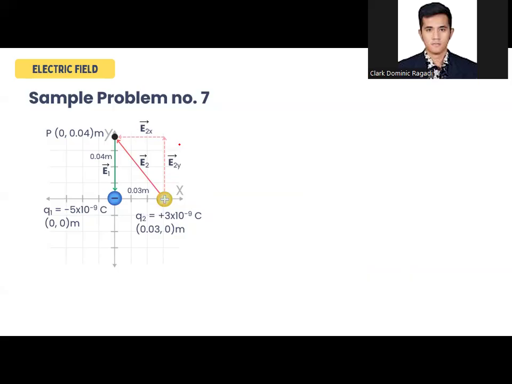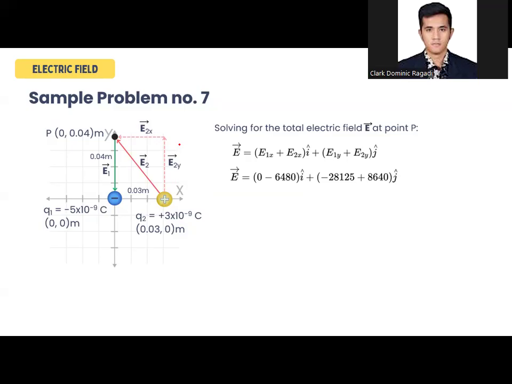Since we already have E1 and E2 in component form, we can proceed to calculating the total electric field at point P. Adding the x components and the y components, for the x components, that's 0 minus 6480. Since our E1 is directed downward, it has no x component, that is why we have written 0. Minus the x component of our E2, 6480.